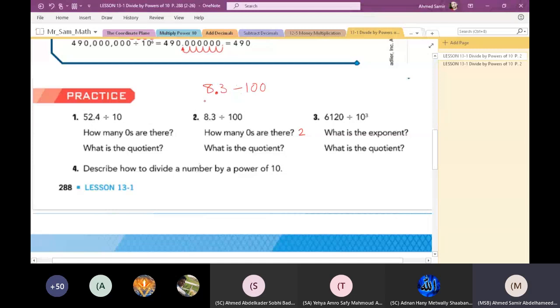We need to move the decimal point to the left. How many digits? 2. So the answer would be like this. We go 1 and then 2, and put the decimal point here, yes? So we have nothing here. What should we put here? A 0.